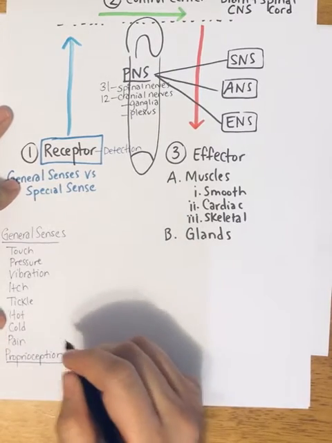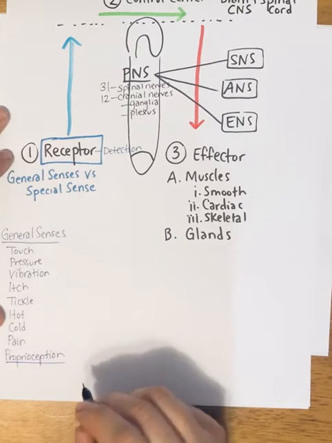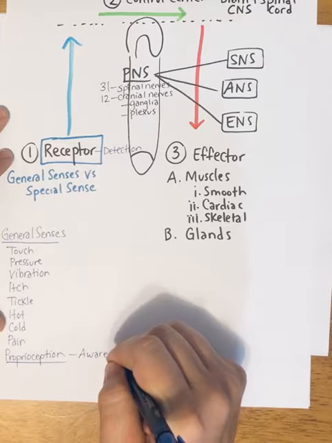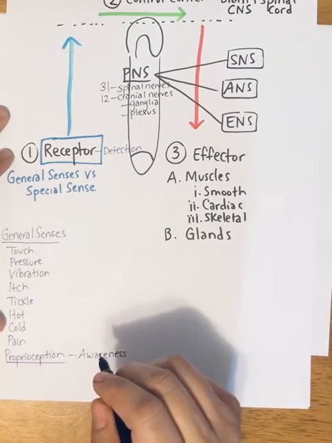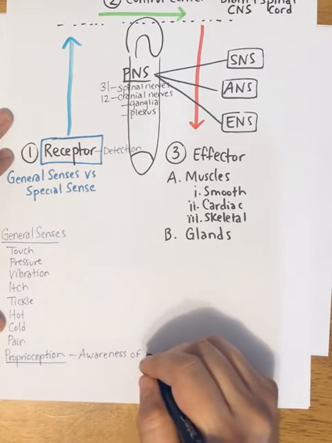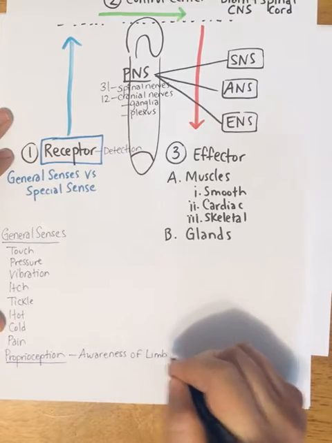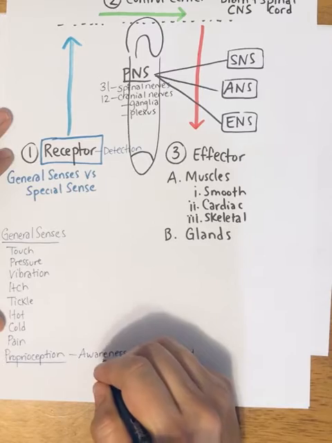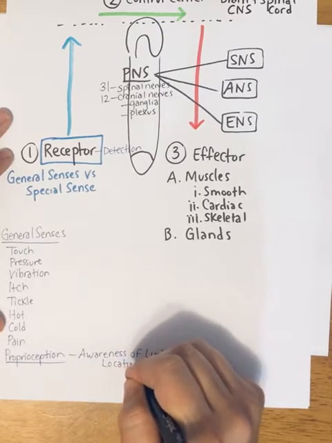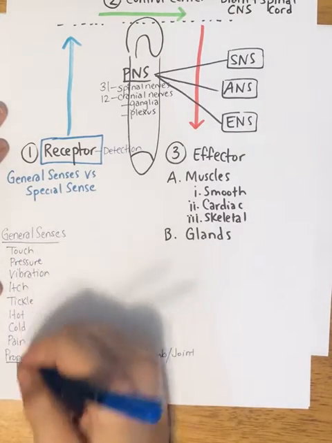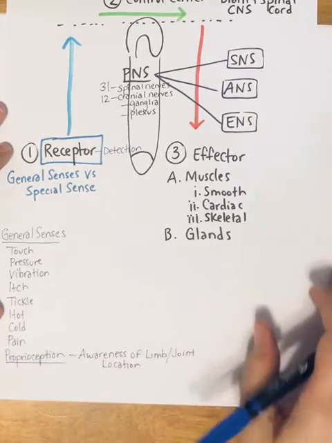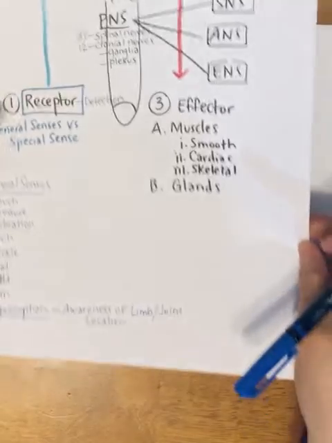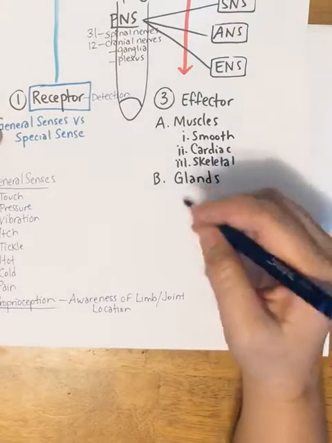So proprioception is a type of general sense that is basically going to be awareness of limb and joint location. So these are all general senses, but proprioception is a new one. There can be a couple more maybe I could think of, but right now I can't.